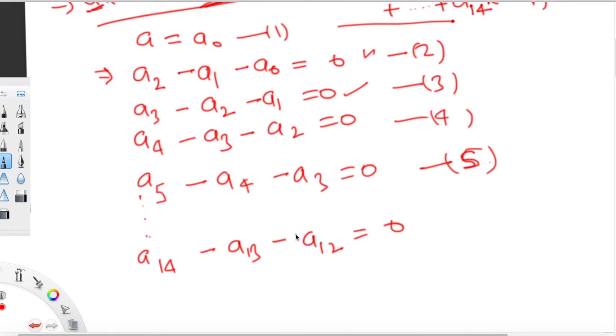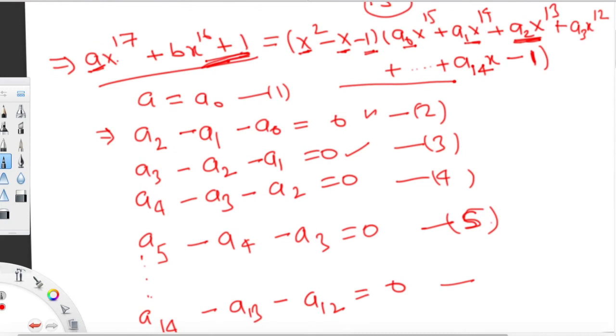Now further, this is the equation which I will get by comparing the coefficient of x power 1. Why? Because the term a14 into x will get multiplied with this, it will become x power 3, not x, sorry, I made a mistake.